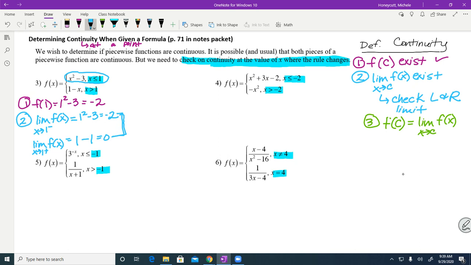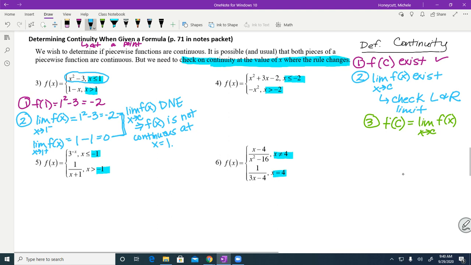So since the limit from the left and the limit from the right are not the same number, that tells me the limit as x approaches c of f of x does not exist. And since the limit does not exist, that implies that f of x is not continuous at x equals 1.